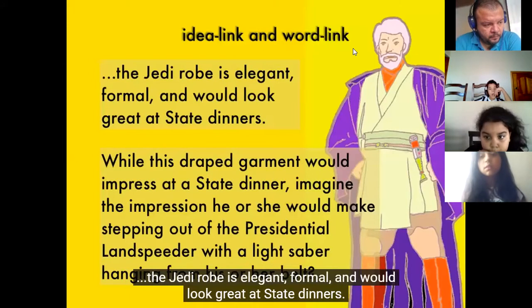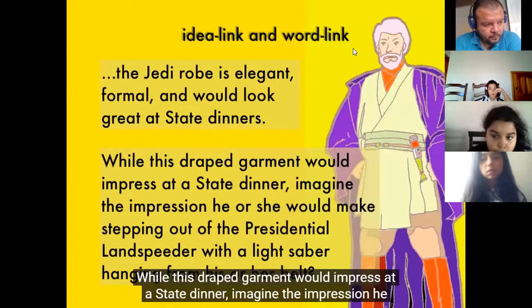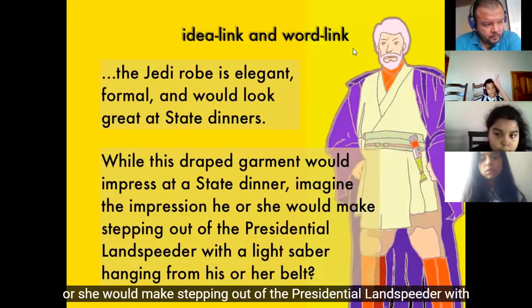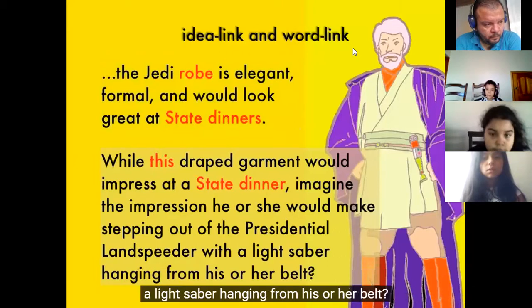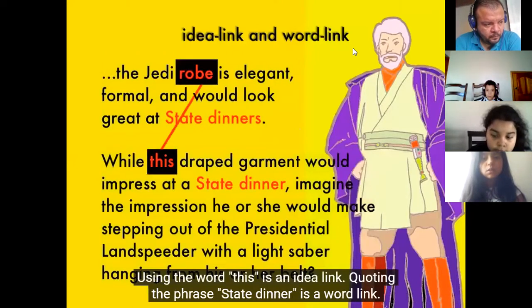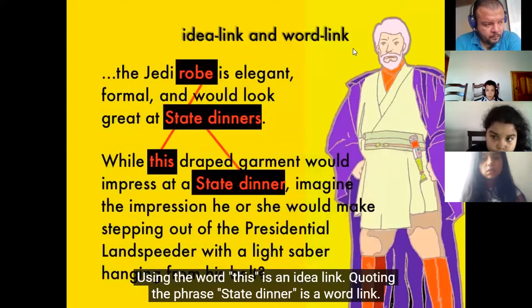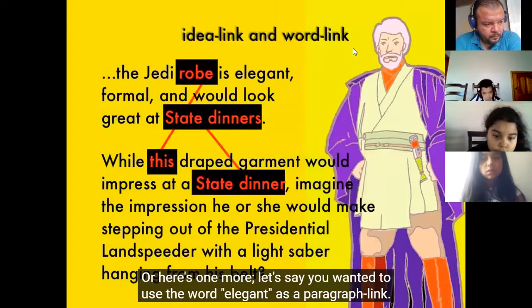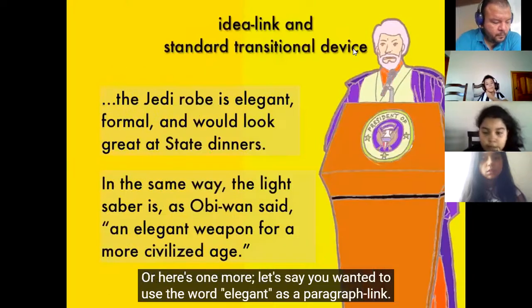The Jedi robe is elegant, formal, and would look great at state dinners. While this draped garment would impress at a state dinner, imagine the impression he or she would make stepping out of the presidential land speeder with a lightsaber hanging from his or her belt. Using the word this is an idea link. Quoting the phrase state dinner is a word link. Or here's one more. Let's say you wanted to use the word elegant as a paragraph link.